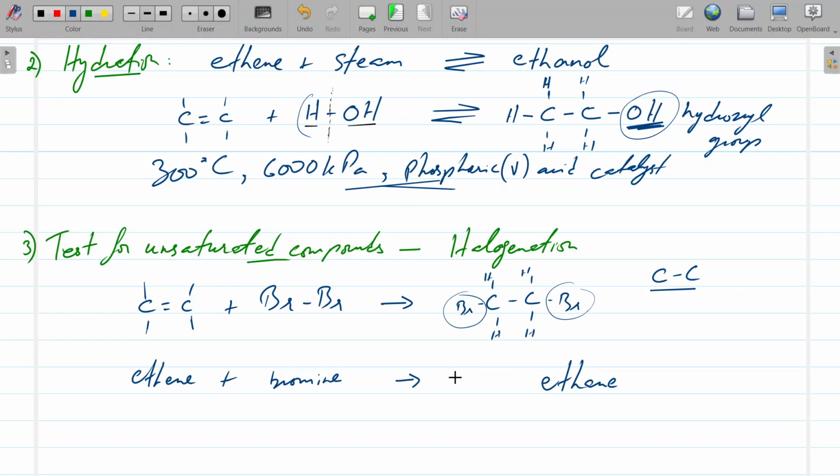It is ethane, so I'm going to write that over here, but it's something else. How many bromines do I have? 2. And for that, I will write di. And for the bromine, I will write bromo. Di means 2, bromo means bromine, ethane is ethane. So this molecule is called dibromoethane.